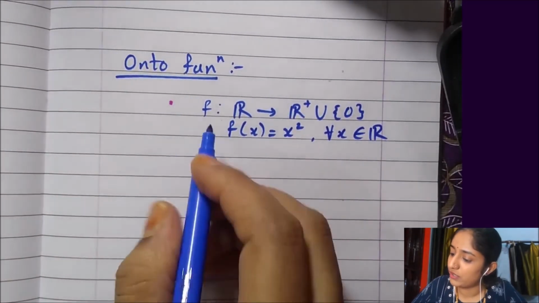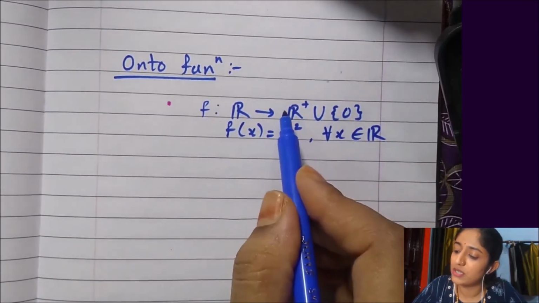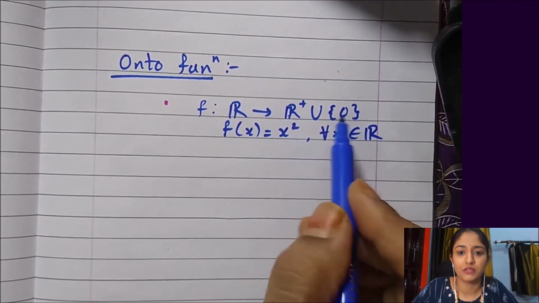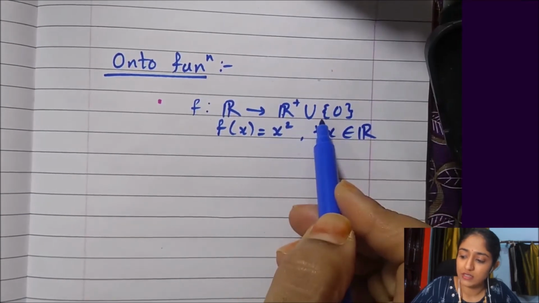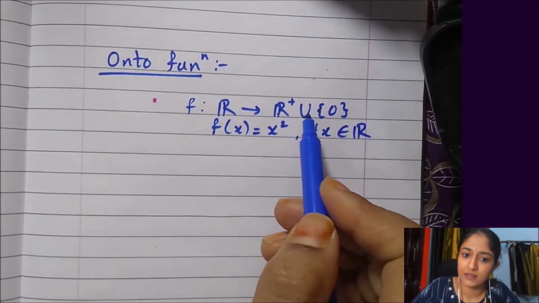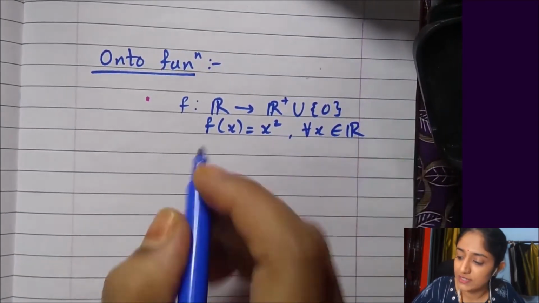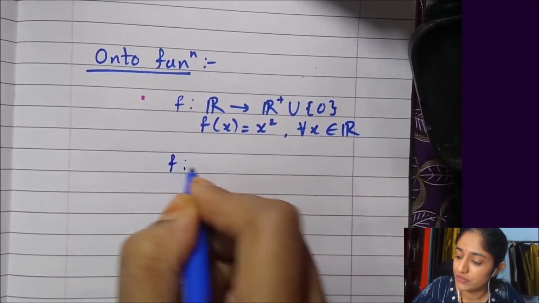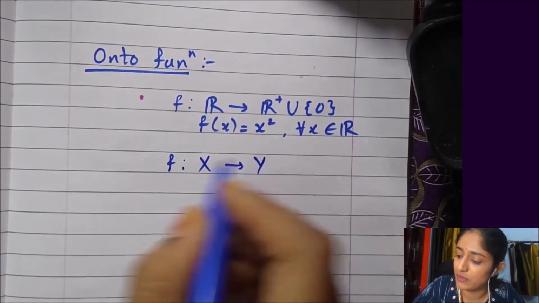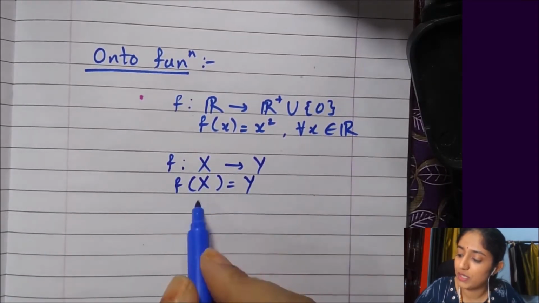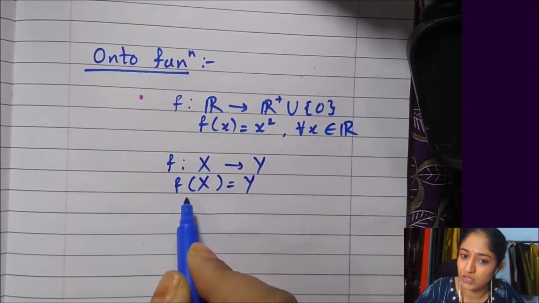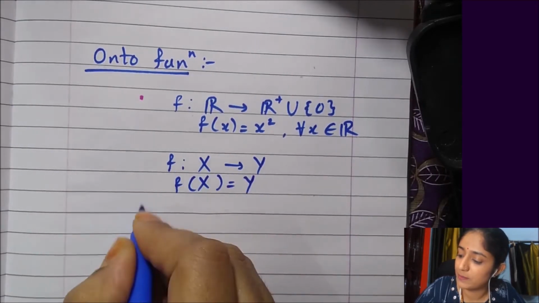So here the range will coincide with the codomain. This is the domain, this is the codomain, and as it turns out, this is exactly the range also. So whenever we have a function from x to y and f of x is equal to y, that is the codomain is equal to the range, then we say that f is onto.